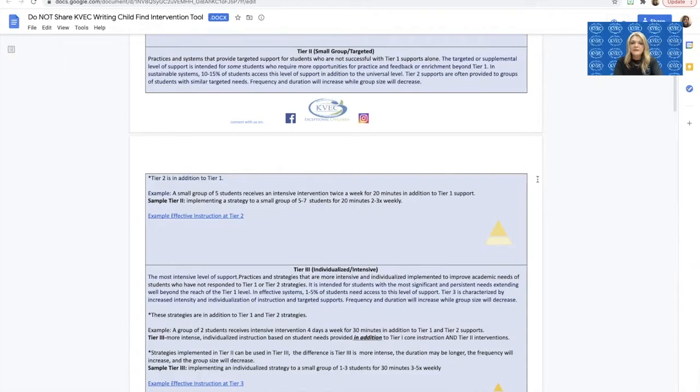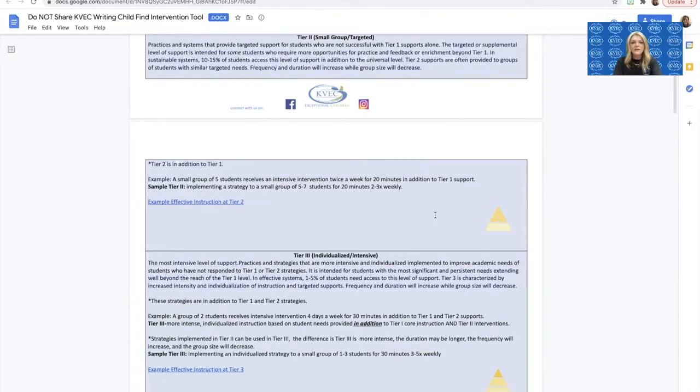That group is usually a small group, and you do a targeted level of support. A sample Tier 2 would look like implementing a strategy to a small group of maybe 5 to 7 students for 20 minutes, 2 to 3 times a week. And these strategies would be implemented in addition to your Tier 1 instruction.